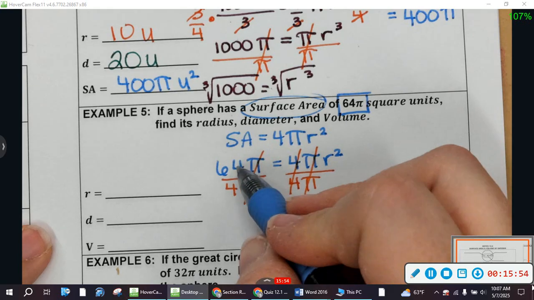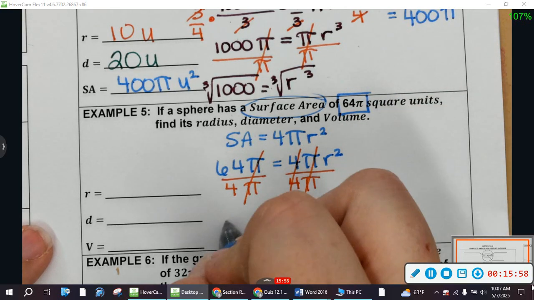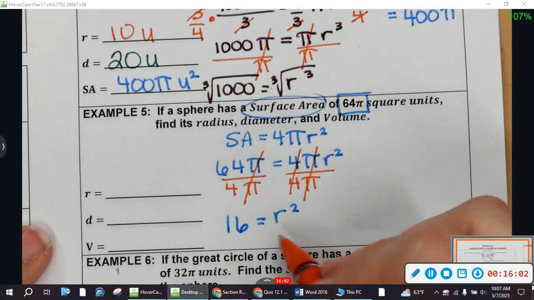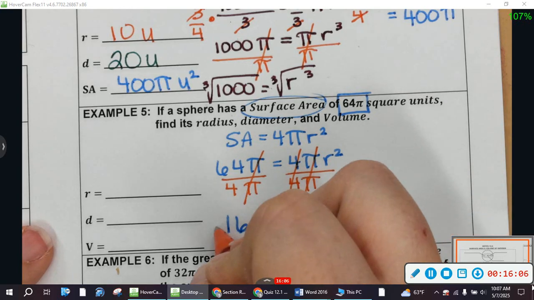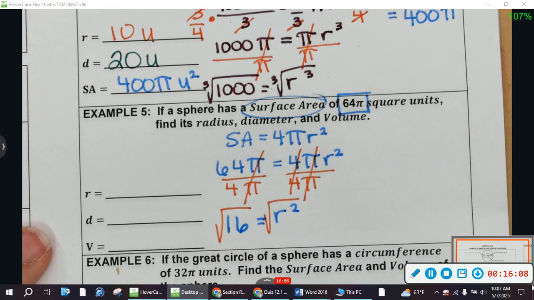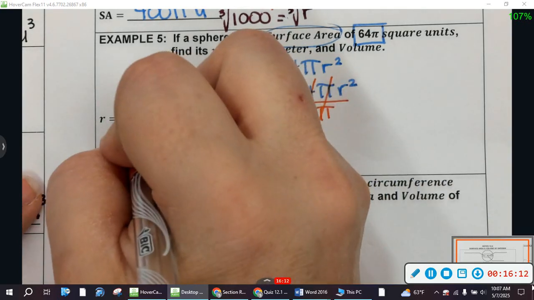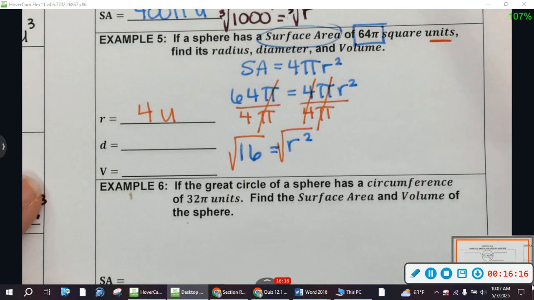Now 64 divided by 4 is 16. And to get rid of a square is a square root. Perfect. And the square root of 16 is 4 units. Just like earlier, they asked me what is the diameter.